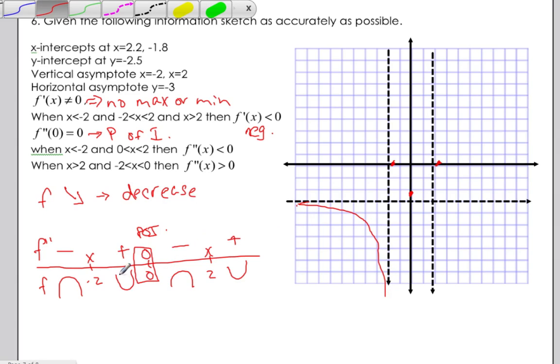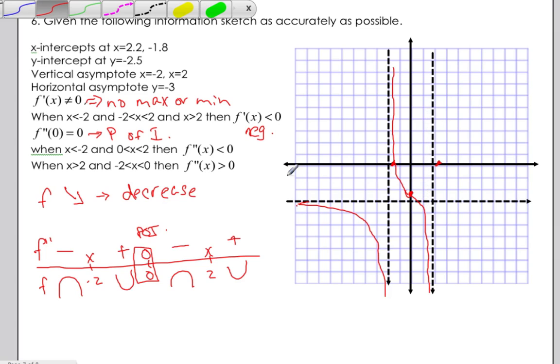Between negative 2 and 0, concave up through this point, and yet I have to have inflection. So here we're going to come down, curving this way, inflection point at the y-intercept, and then it changes to concave down.